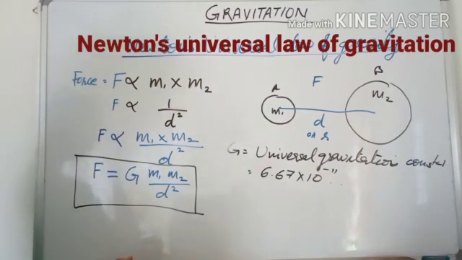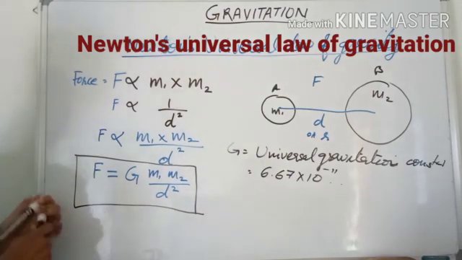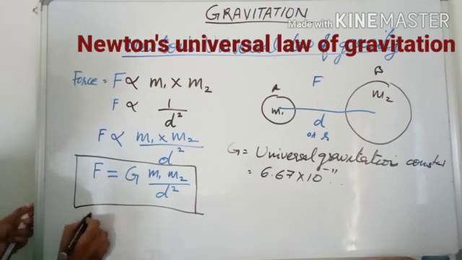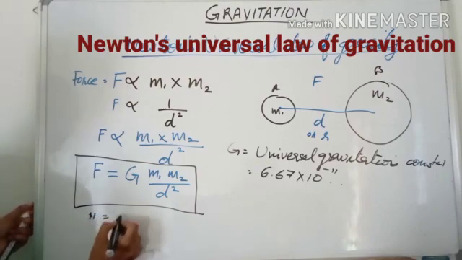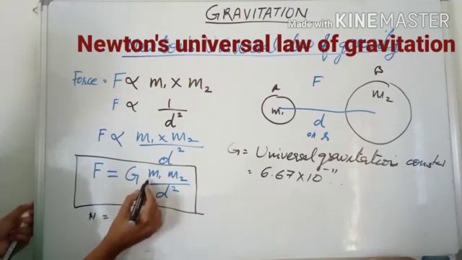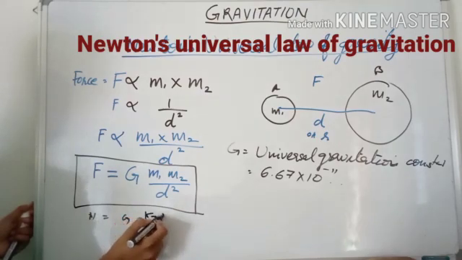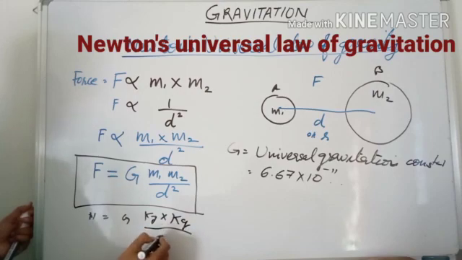Now how to find out the unit? The unit of force is Newton. G we don't know. Mass m1 is in kg, mass m2 is in kg, and distance is in meter square. We'll shift to this side.